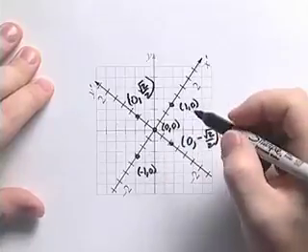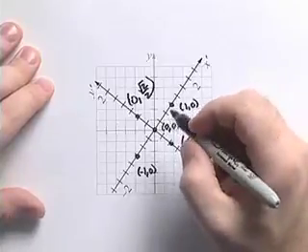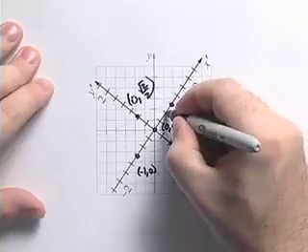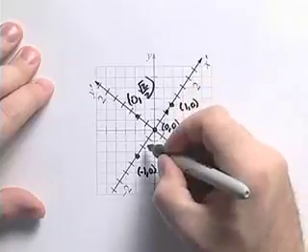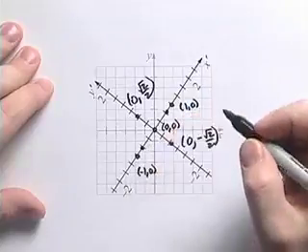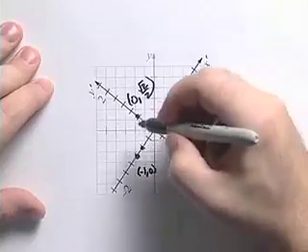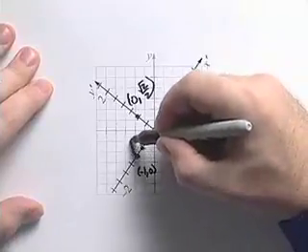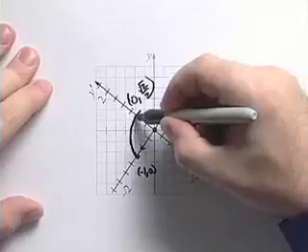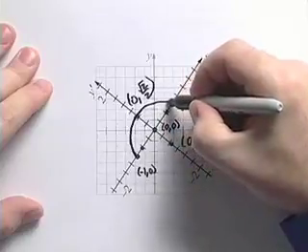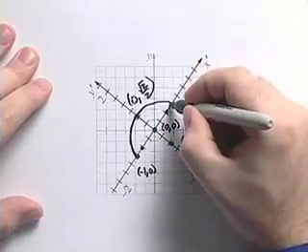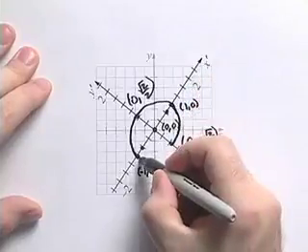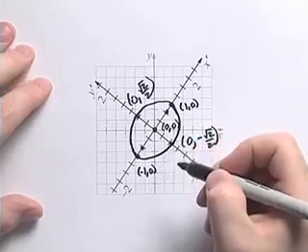We're going to plot our two foci at roughly plus or minus 0.7, 0, again square root of 2 over 2. So our foci are about here and about there. We're going to sketch the graph of our ellipse in the x prime, y prime plane. And so there's the graph of our ellipse.